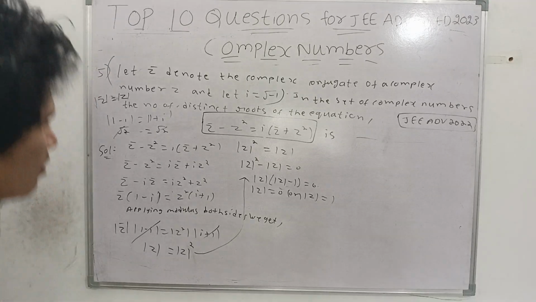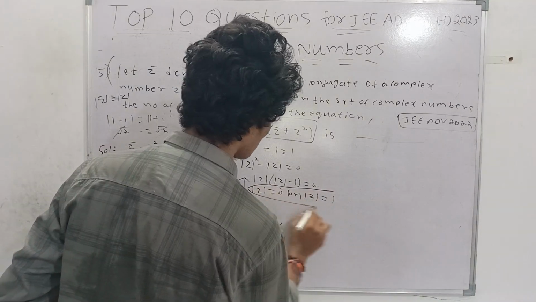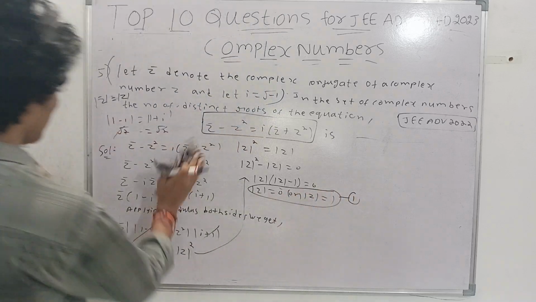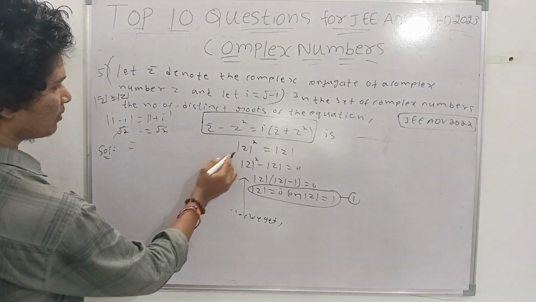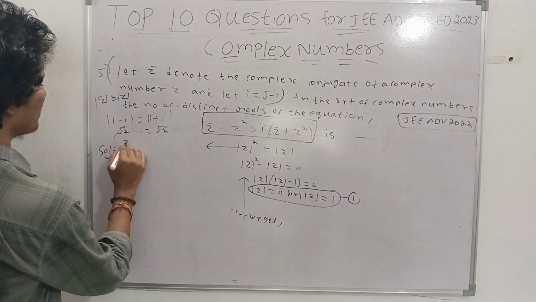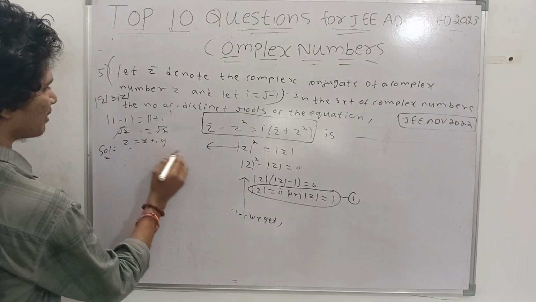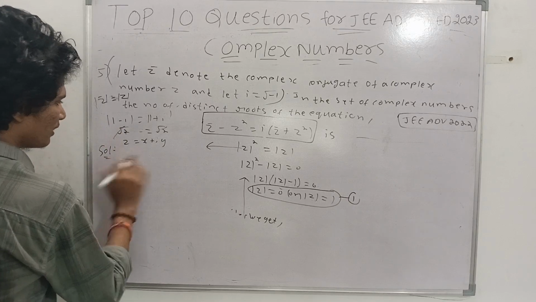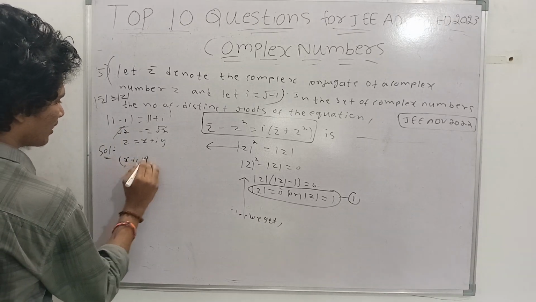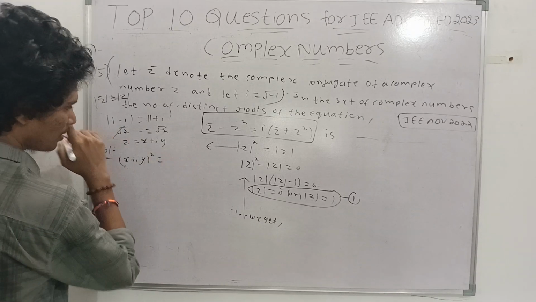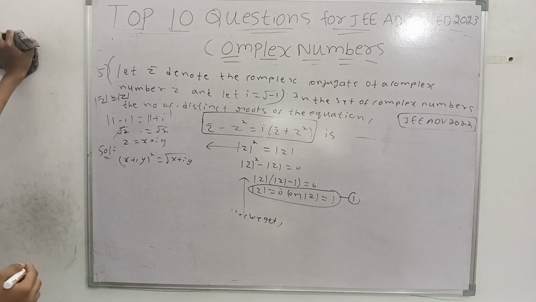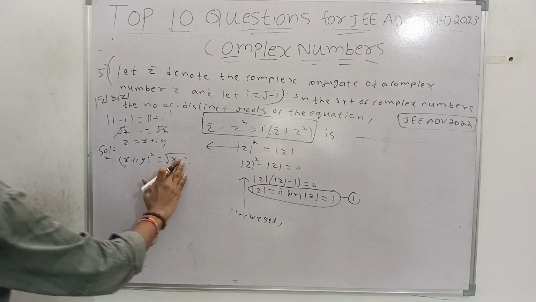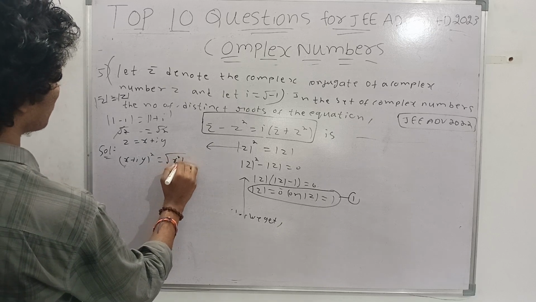Yes, we got these two things. Remember, guys, these are equation one. Now take this equation, and if I assume z equal to x plus iy is a complex number, I apply it: mod z is root of x square plus y square.